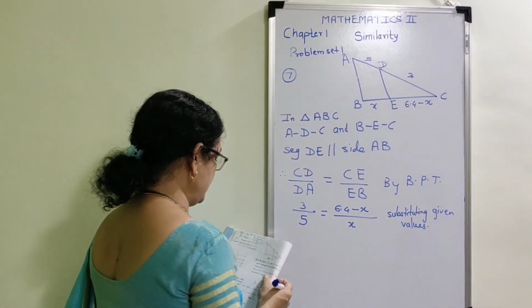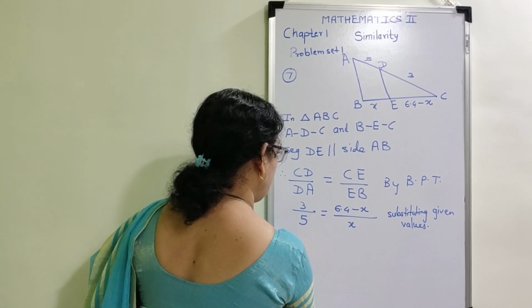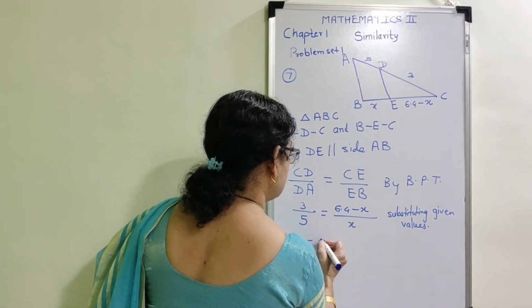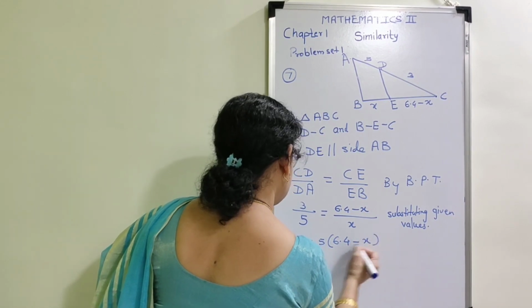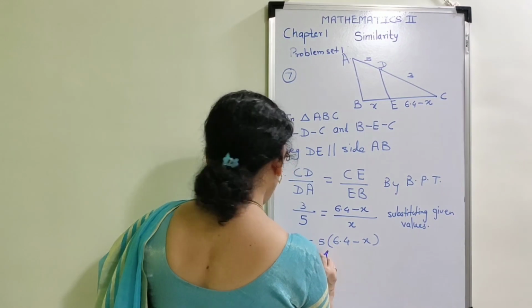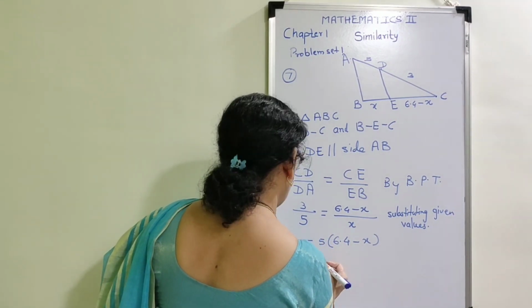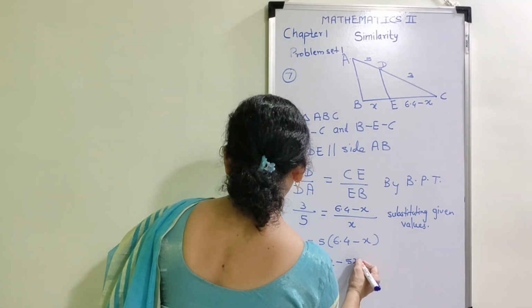Now cross multiply, you will get 3 into x, that is 3x, is equal to 5 into bracket 6.4 minus x. Therefore 3x is equal to, when I multiply 5 with 6.4, I am getting 32 minus 5x.